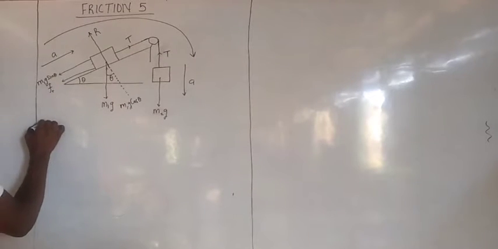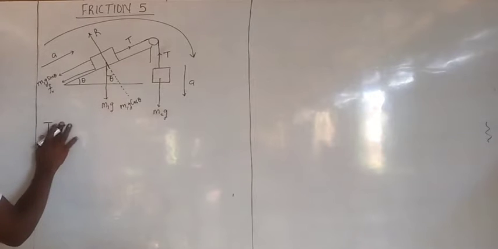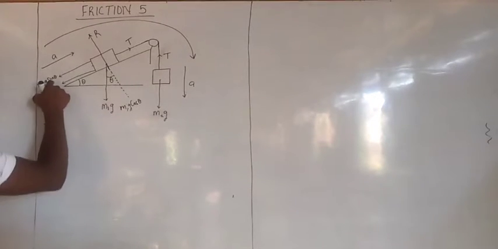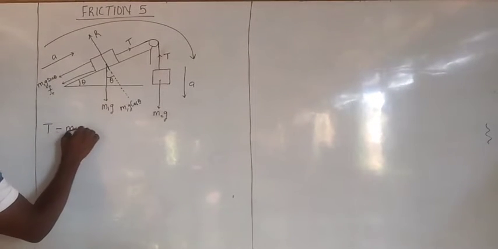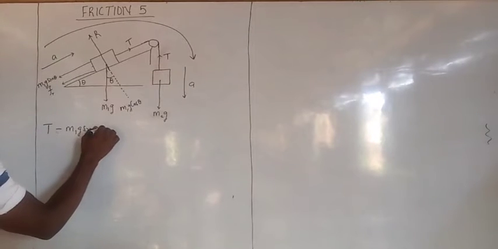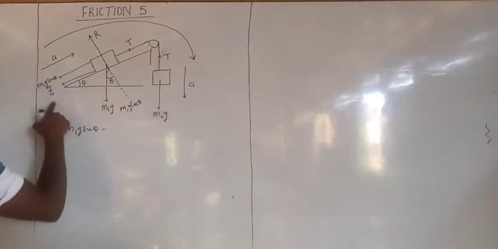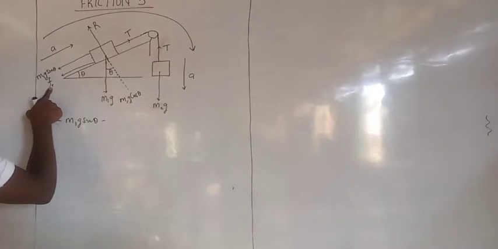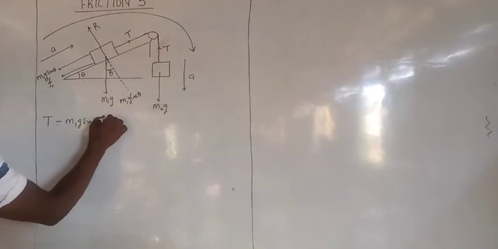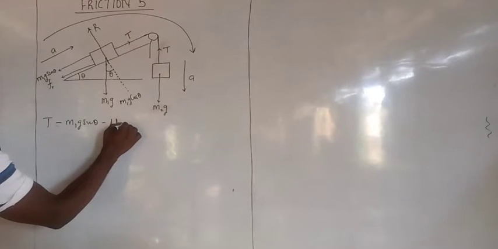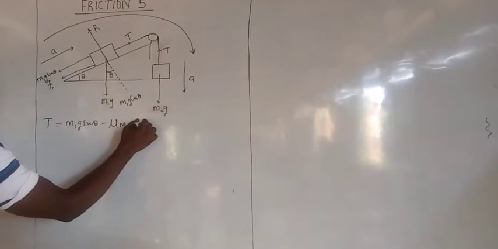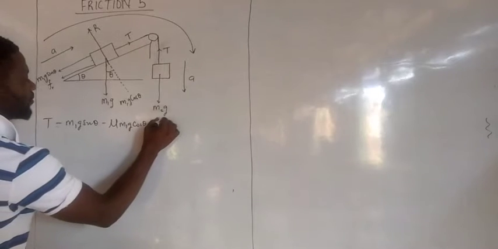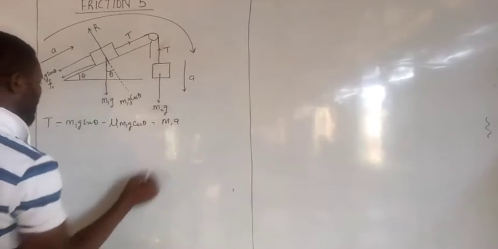So we write T minus M1G sin theta minus frictional force, and we know that frictional force is mu R, and mu R is mu M1G cos theta, so we have mu M1G cos theta is equal to M1A.